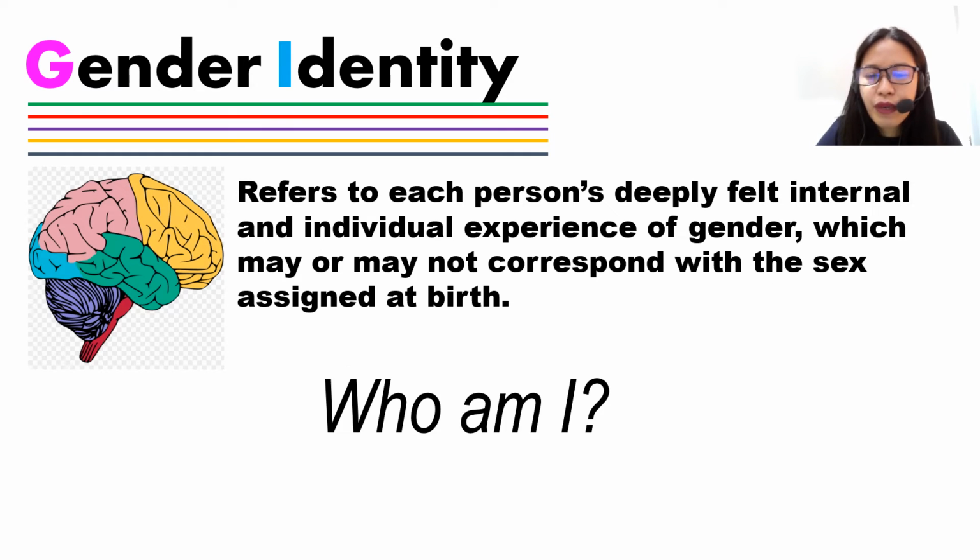Okay? So the question is, who am I? For gender identity, a certain person must ask himself who they are, because it's not all about whom they are attracted to now, but it's all about themselves telling them who they are as a person.